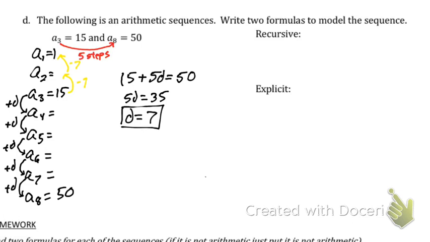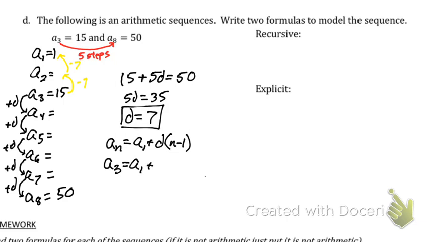Here's another way to solve it if you don't want to keep subtracting a number over and over or count all your steps. This is fine. This gets me my a sub 1, just subtracting 7 over and over. So do it if you want to do it that way. The other thing we can do is say, okay, our formula for any explicit form of an arithmetic sequence is a sub 1 plus d times n minus 1. Well, I know the third term, I know a sub 3.